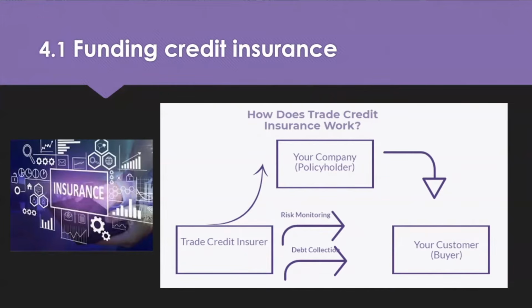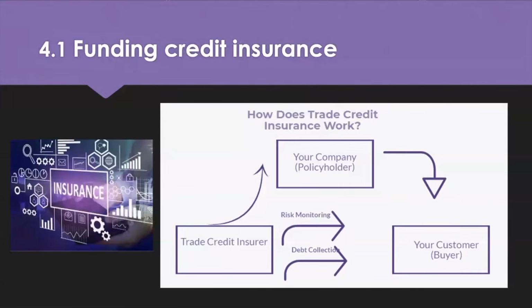So in terms of how the credit insurance works, you've got the trade credit going between the customer and the company that's insured. You've got the credit insurance between the insurer and the company that's insured. And the risk and collecting of the debt goes between the credit insurer and the customer.